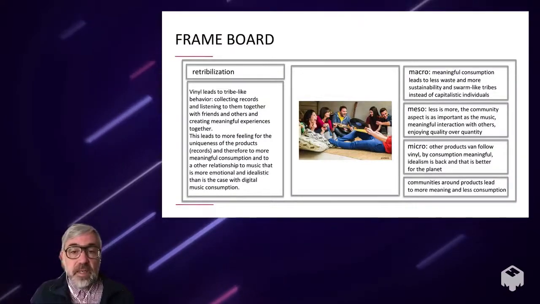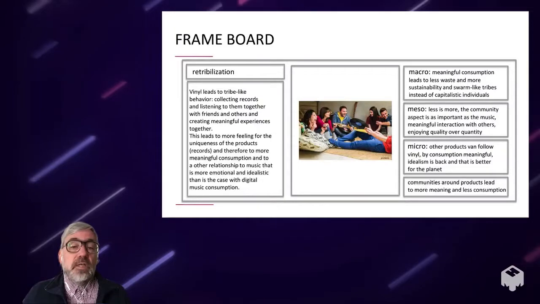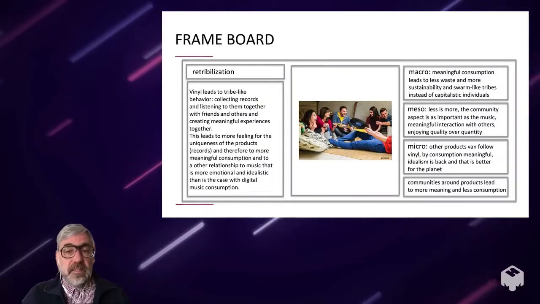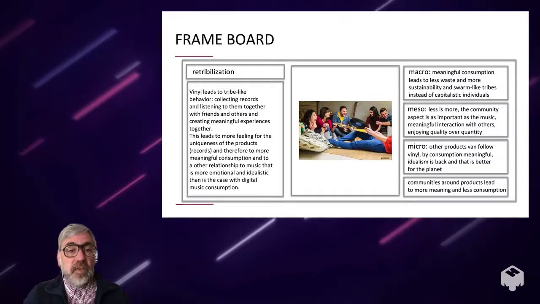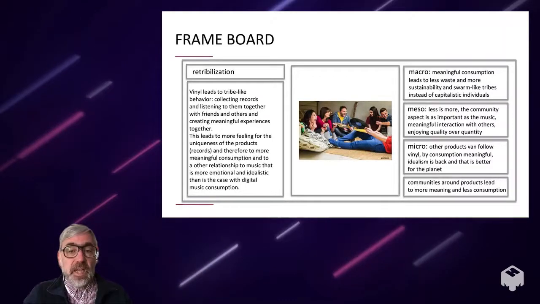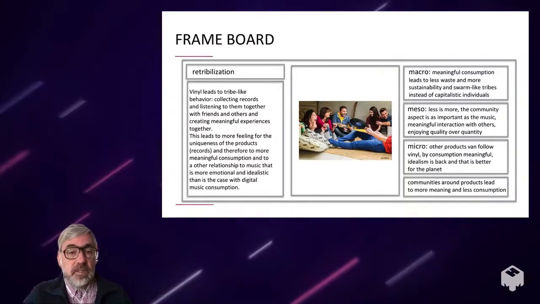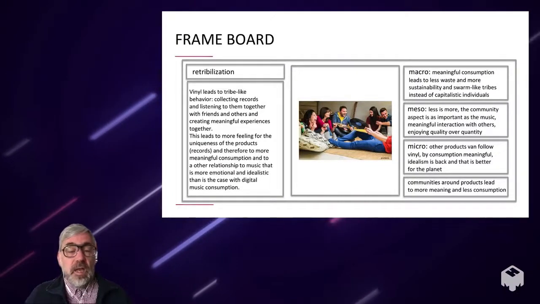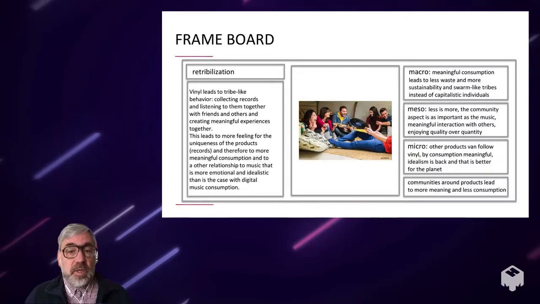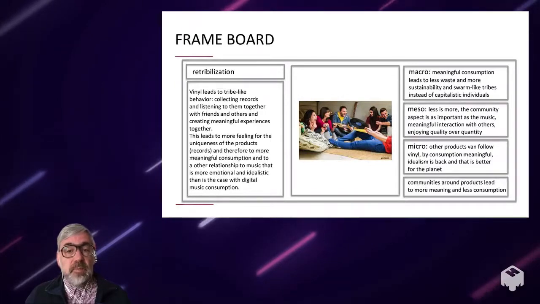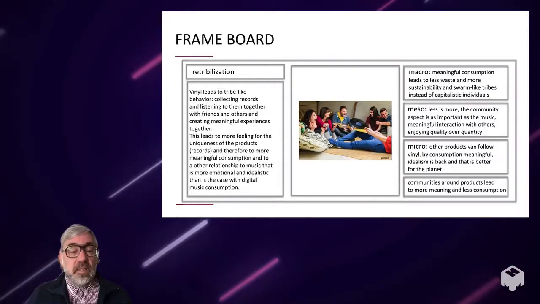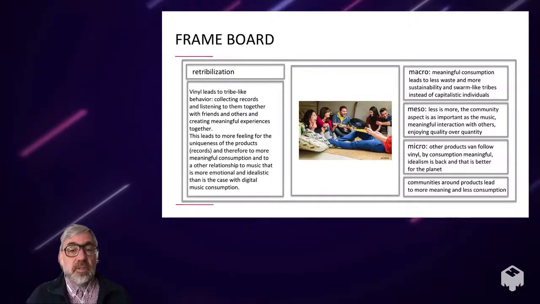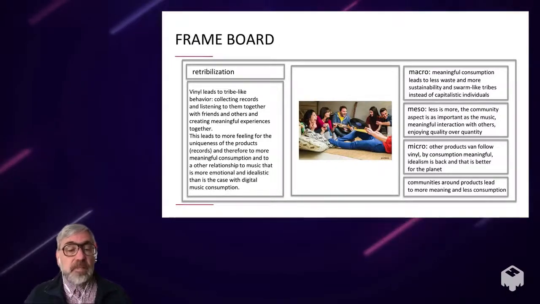And I think the part on the bottom right is the essence of what this frame is for me, and it's that communities are arising around the products, the vinyl, and that leads to a more meaningful consumption, a more meaningful way of engaging with the products, and so also less consumption in a capitalistic way.